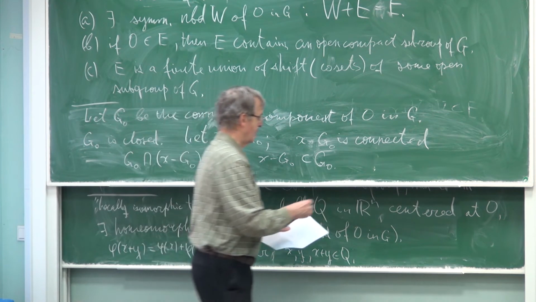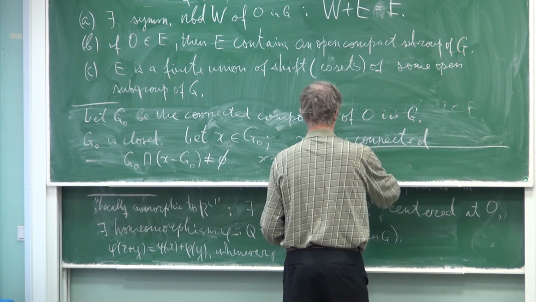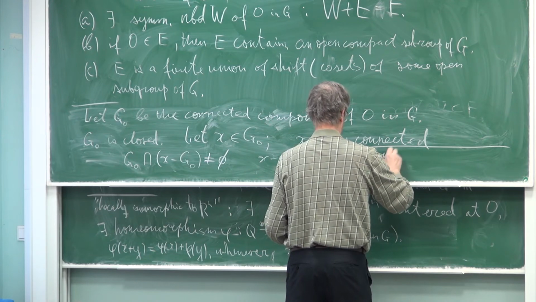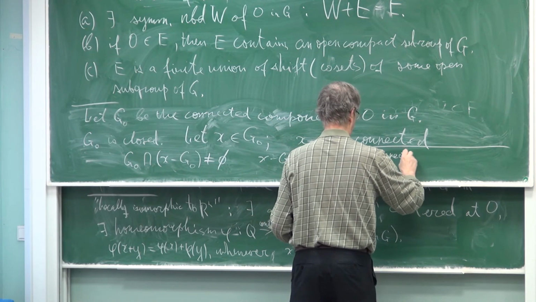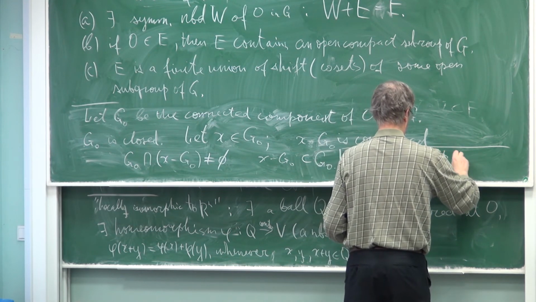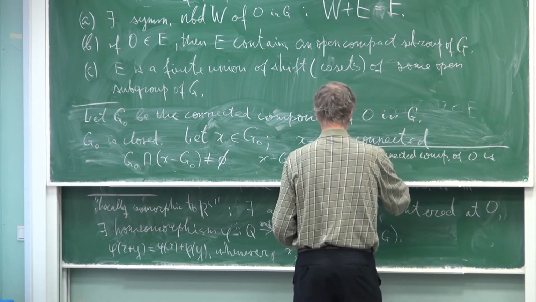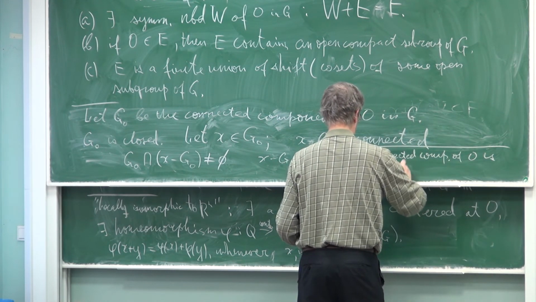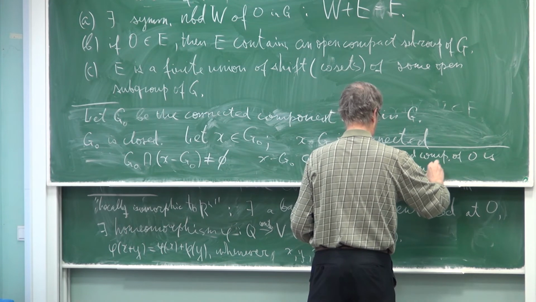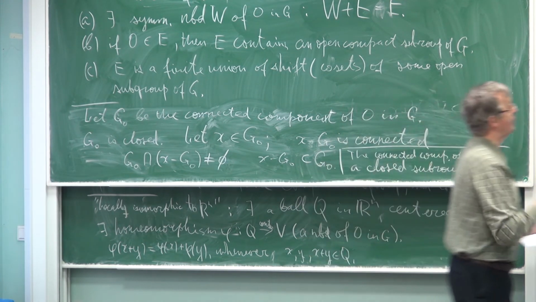And so the conclusion is that the connected component of 0 is a closed subgroup. Obligatory.